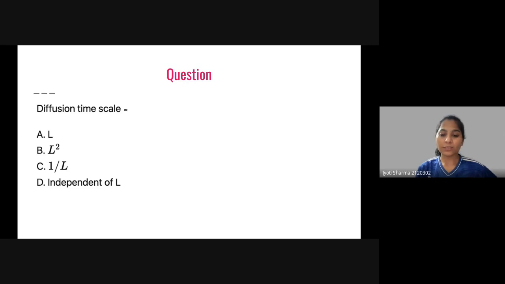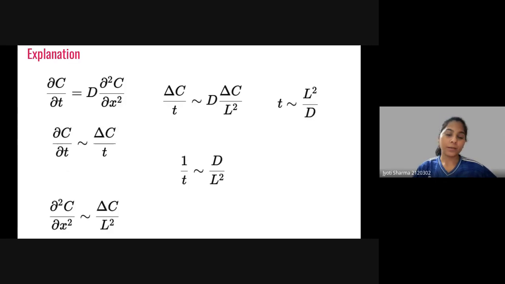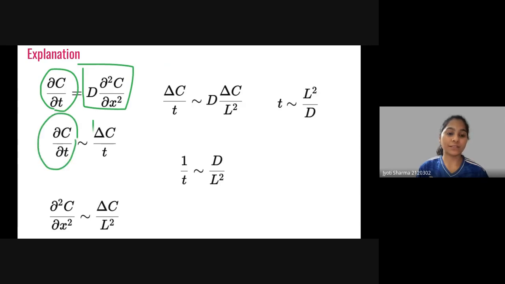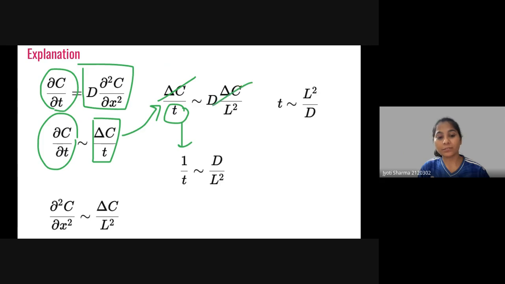B is the right answer, that is L square, and let me tell you why. This is something changing the concentration with time. This is if we are having the second derivative. So this is the condition that we have. If we make similar partial derivatives with this del C upon T, then from here we can extract this, so C and C will cancel out, and this will give me 1 by T, that is similar to D by L square.